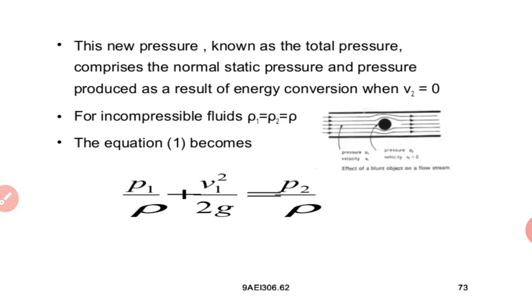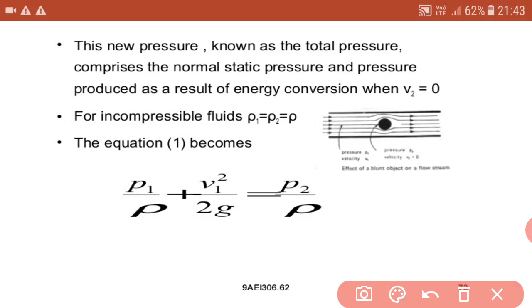This new pressure, known as the total pressure, comprises the normal static pressure and the pressure produced as a result of energy conversion when V2 is equal to 0. For incompressible fluids, rho1 = rho2 = rho.